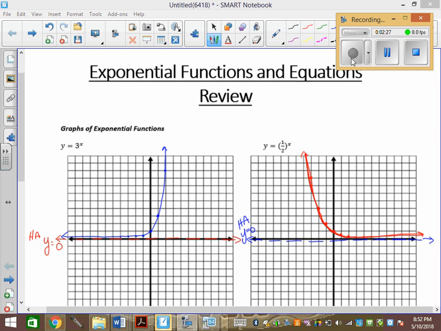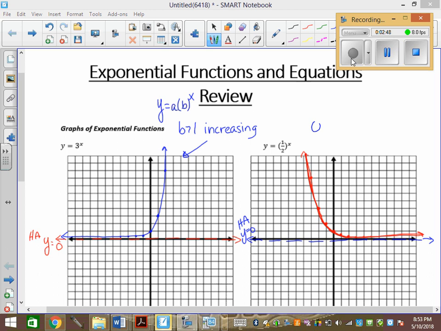So when you just have the base function without any transformation, in the form y equals a b to the x, if b is greater than 1, your graph is increasing, like this one.